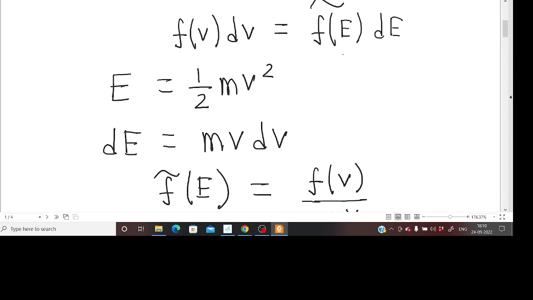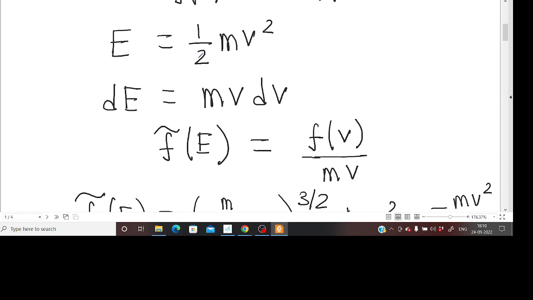So f tilde(E) is given by f(v) dv by dE, right? So what is dv by dE? This is equal to 1 by m v. So this f tilde is equal to f(v) by m v.